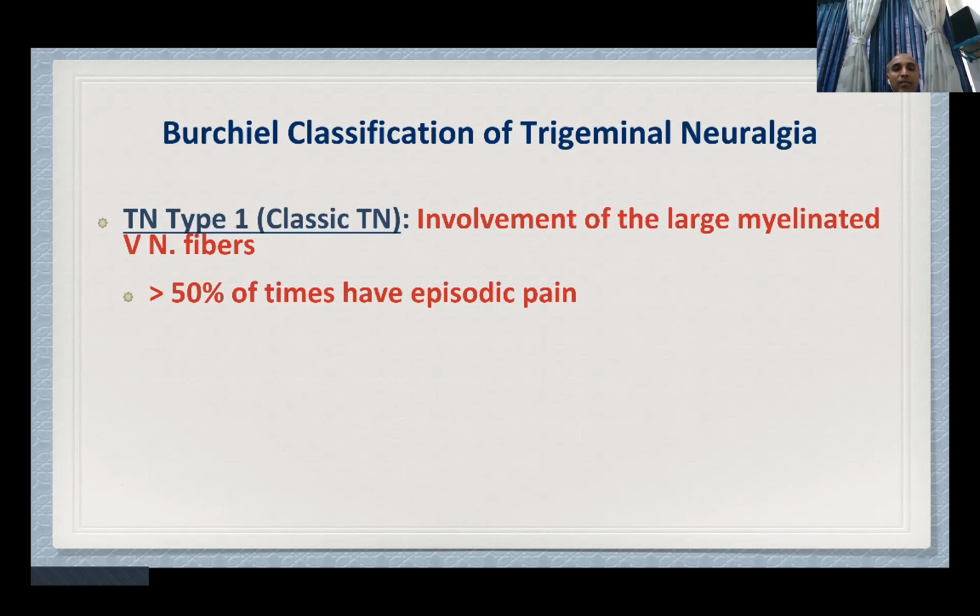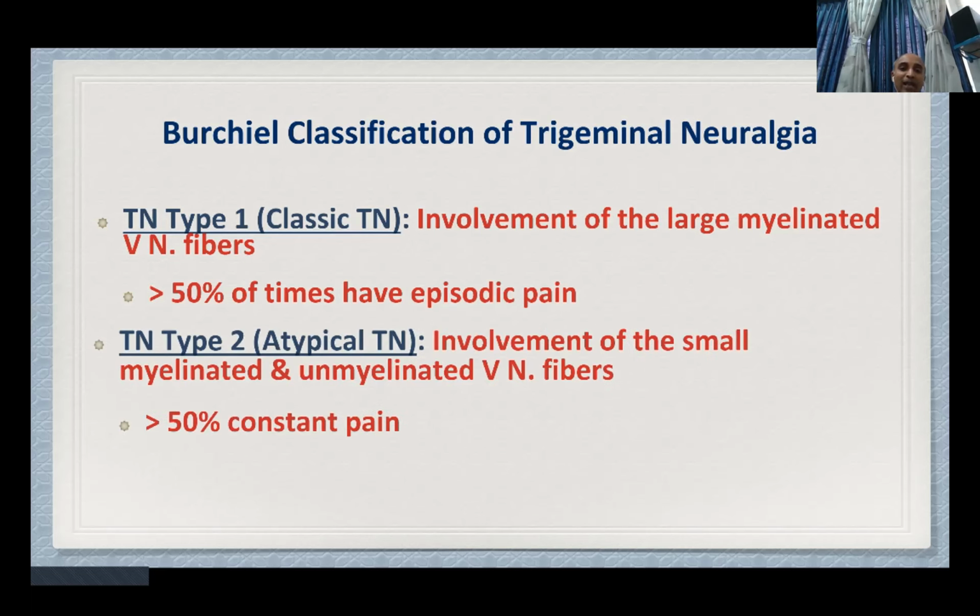He divided trigeminal neuralgia as the classical trigeminal neuralgia, where more than 50% of the time they have episodic sharp shooting lancinating pain. And this pathologically is because of involvement of the large myelinated fifth nerve fibers. What happens if you have involvement of the small myelinated and unmyelinated fifth nerve fibers by that neurovascular conflict? This will lead to the type 2 or the atypical trigeminal neuralgia, where more than 50% of patients may have constant pain.